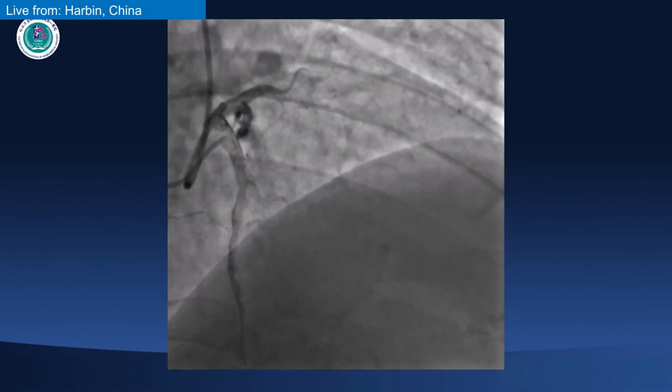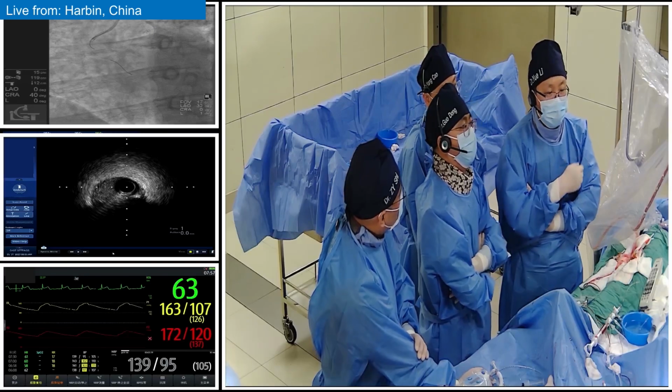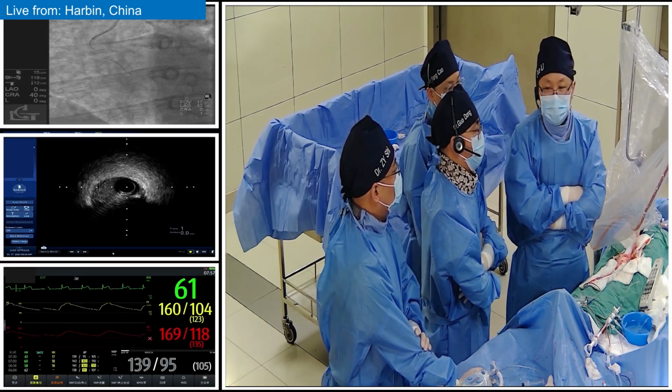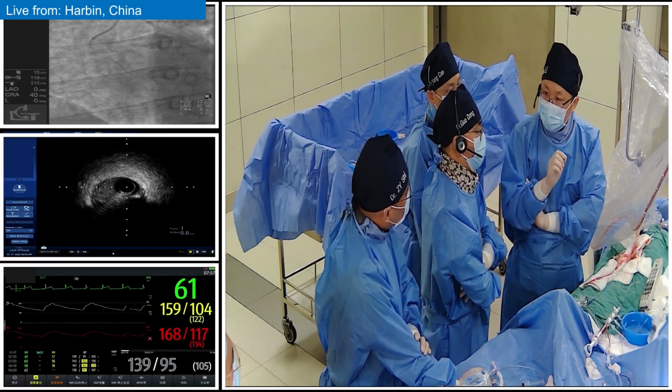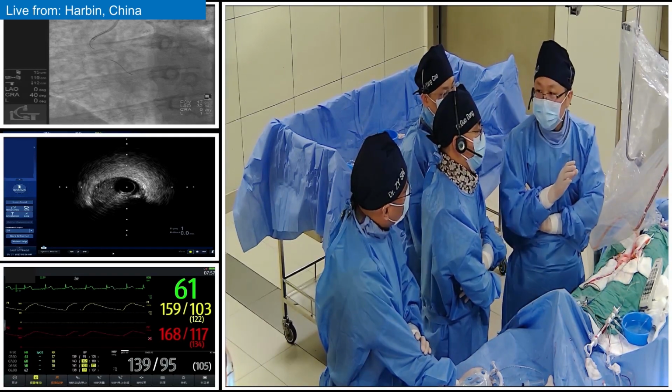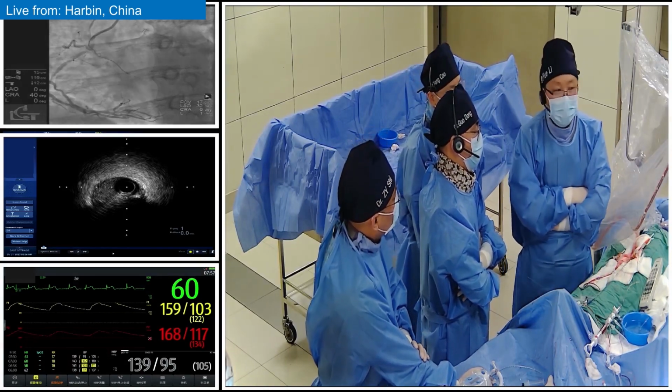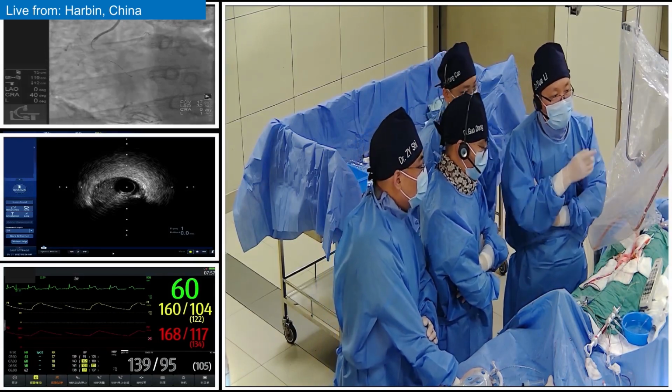Dr. Cao already introduced the baseline information of this patient, and we already know this patient has a proximal LAD total occlusion, should be a small stump here, but with severe calcification. And the length is, I think, more than 20 millimeters.